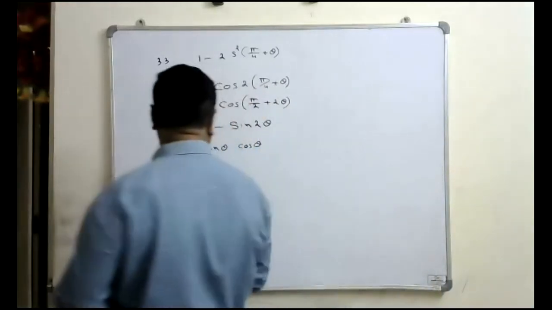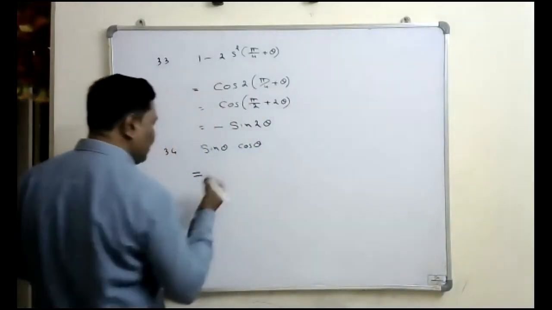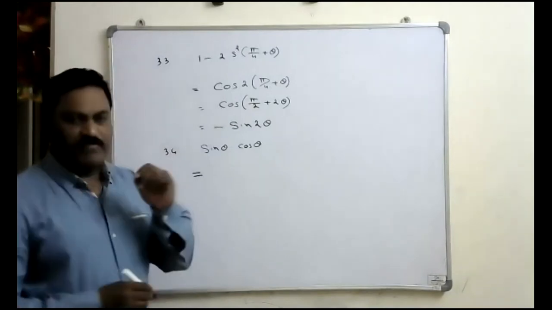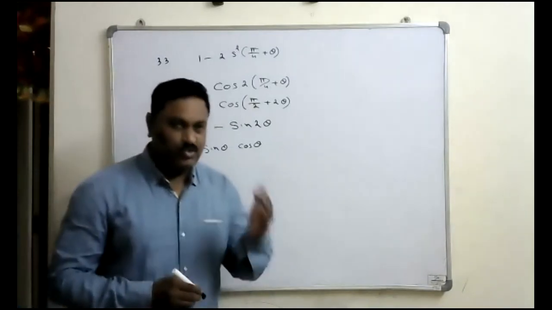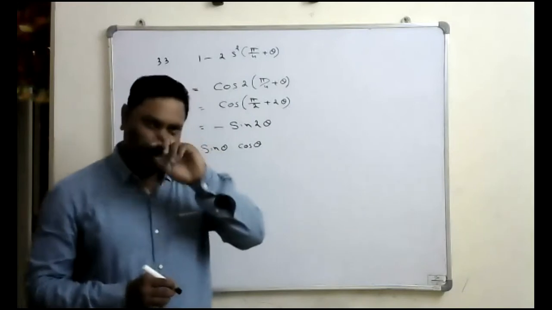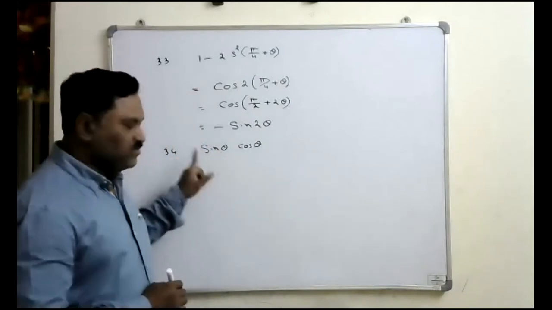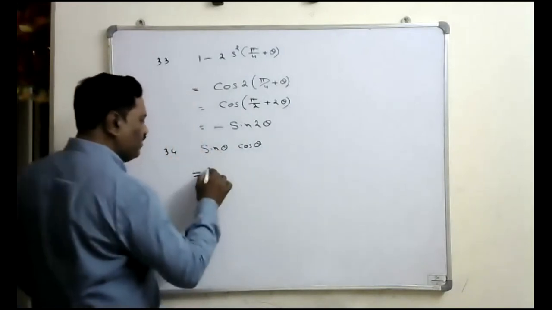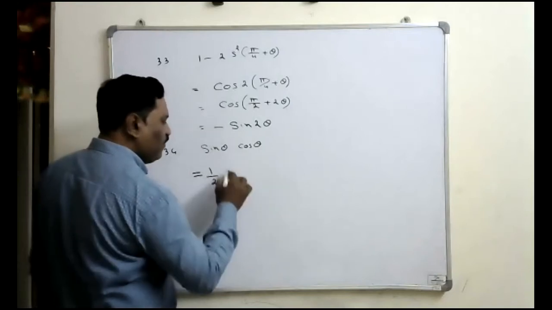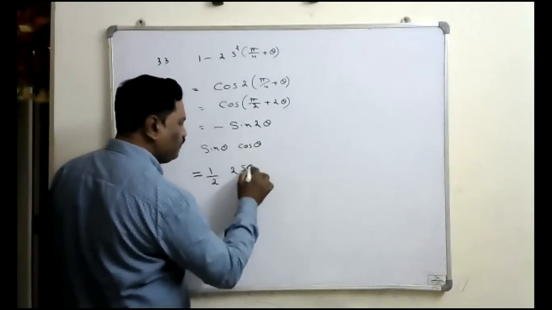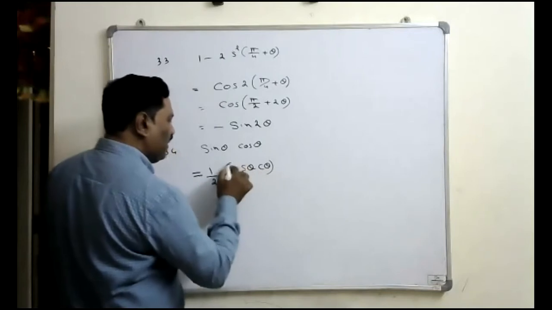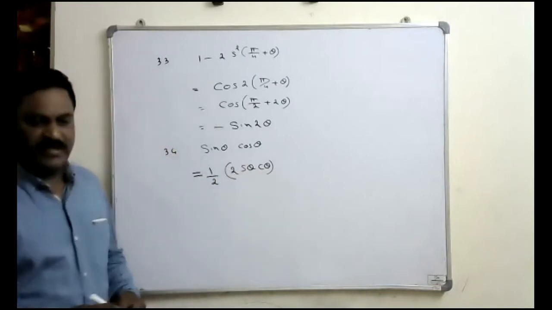Here sine theta into cos theta is there, but we know the formula for sine 2a is 2 sine a cos a. That's why here the 2 is not there, so multiply and divide by that 2. Then you can write 1 by 2 times 2 sine theta cos theta.